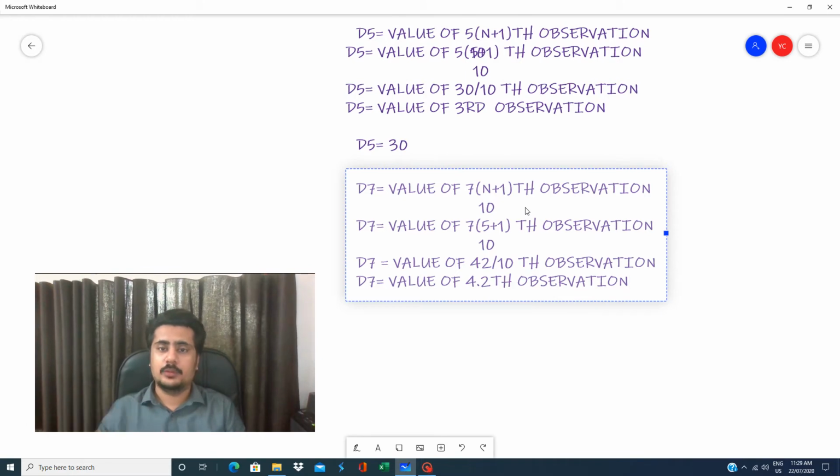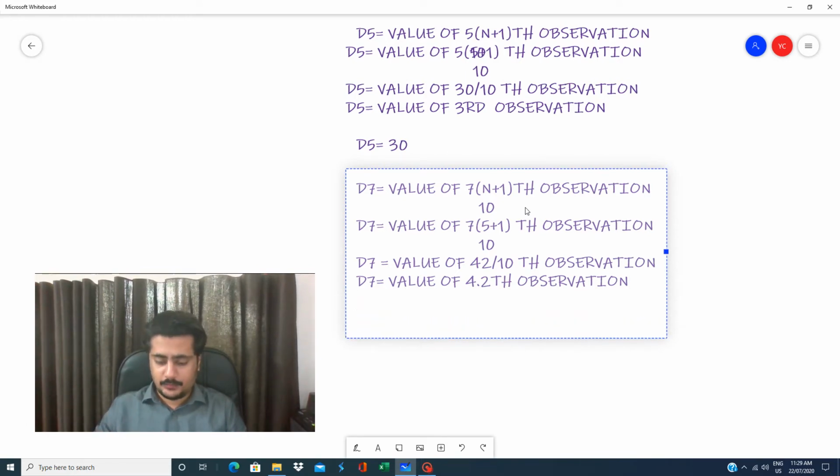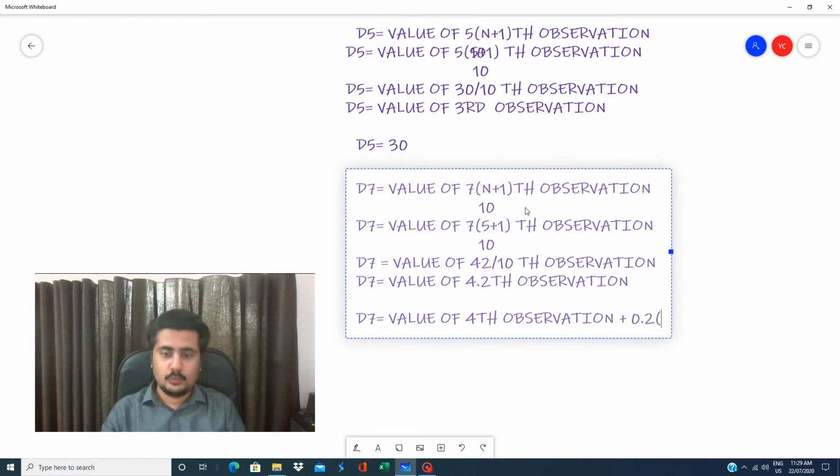It is 4.2th observation. Now what is this 4.2 actually? It is value of, yes. You remember how will I now solve it? 4.2 means I will separate the 4. So it's value of 4th observation plus 0.2 into. So in 4.2 separate this 4 and separate that 0.2.